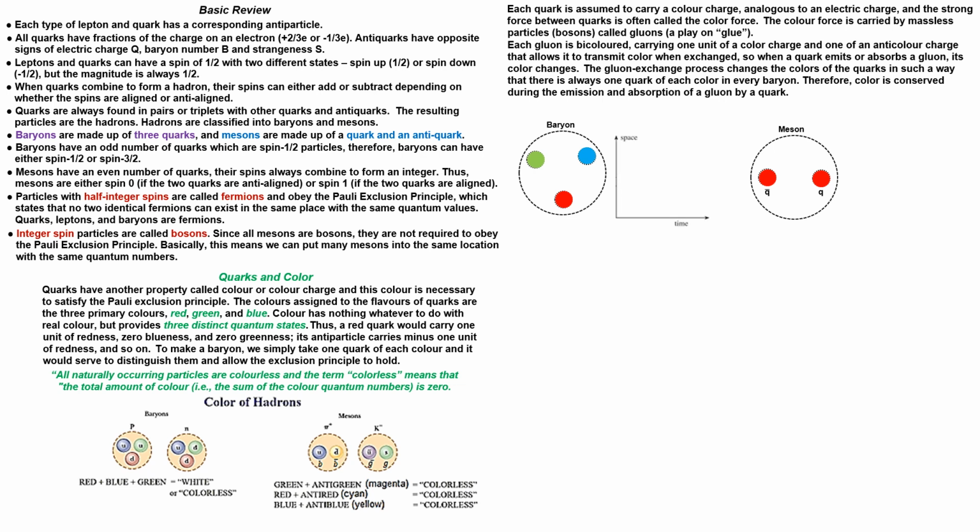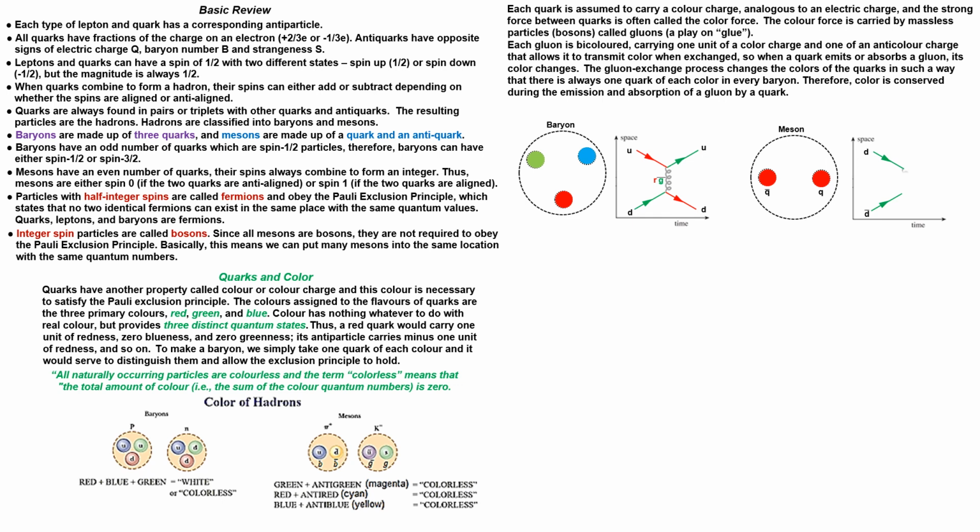Suppose inside a baryon there is an up red quark that emits a red anti-green gluon, and the up red quark becomes an up green quark. The down green quark has absorbed the red anti-green gluon and is now a down red. Suppose inside a meson there is a down green quark and a down anti-green antiquark.